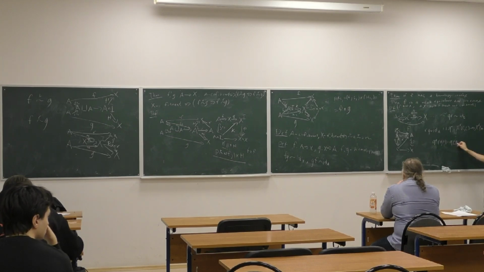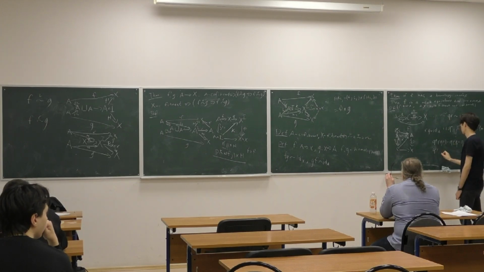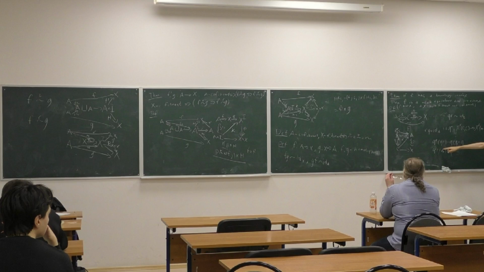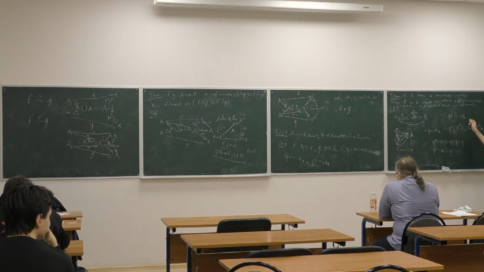We know that this is equal to IDA, so this is just Q. But we know that this is one-to-one, and we know that Q star from IDA is also equal to Q. So these are right homotopic maps. And in our setting, right homotopy means just homotopy. So okay, we proved it in one direction, namely if f is a weak equivalence, then it has a homotopy inverse. Let's prove it in the other direction.